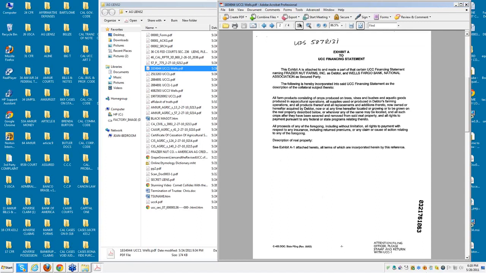For instance, they've got all farm products consisting of crops produced on trees, vines, and bushes, and aquatic goods produced in aquatic cultural operations. All supplies used or produced in debtors' farming operations, and all products thereof, and all replacements and additions thereto, now owned or hereafter acquired by the debtor.